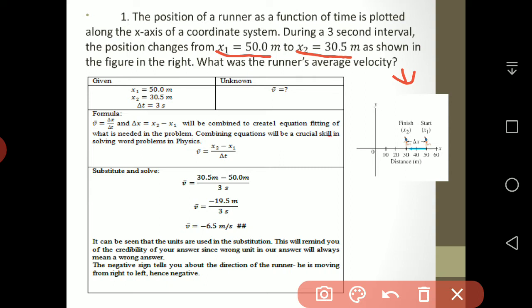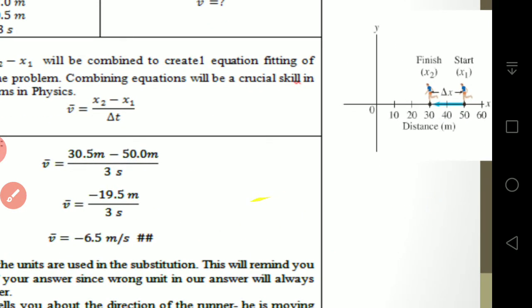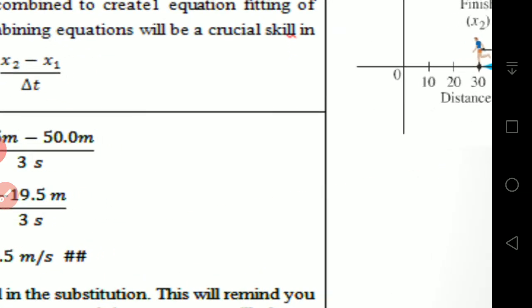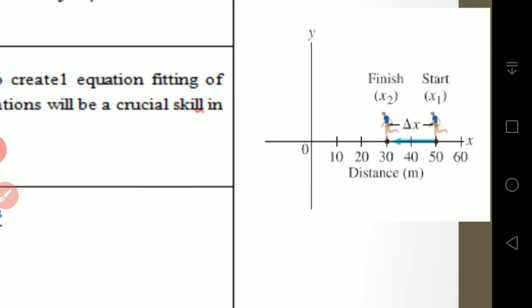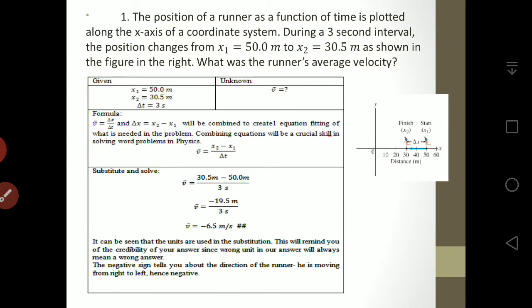Tingnan muna natin. Ayan, ito yung ating diagram. Okay, so from 50 to 30.5. Ang pinapahanap lang naman ay average velocity, so runner's average velocity.